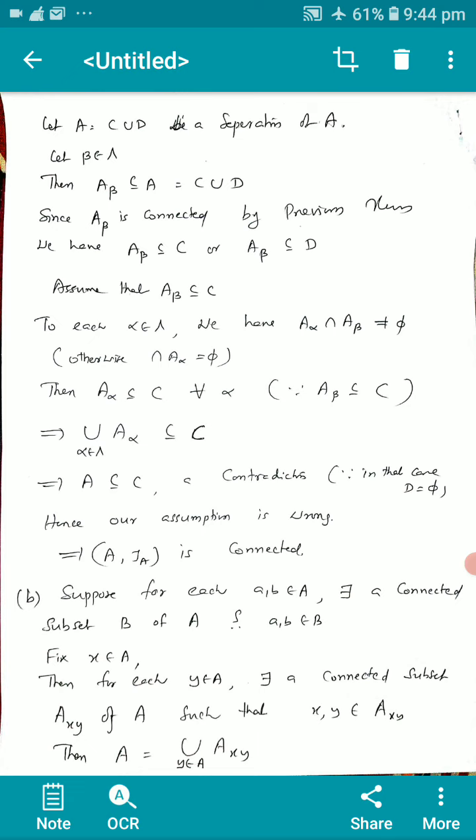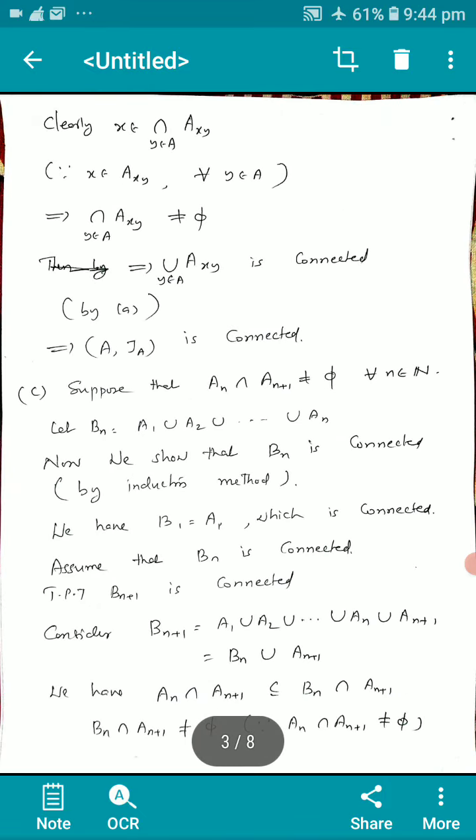A is the union of such A_xy, where y is an element of A. Clearly, x is an element of the intersection of A_xy, because x is an element of A_xy for all y in A. Thus we get the intersection of A_xy is not equal to phi, so the union of A_xy is connected. That follows from part A, so A is connected. That's all about the proof for part B.